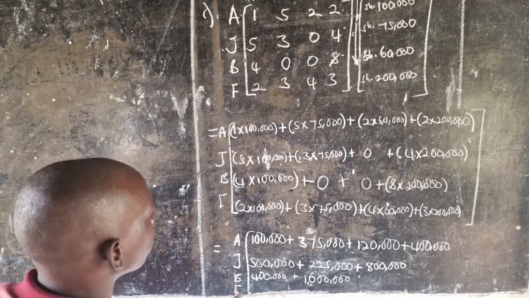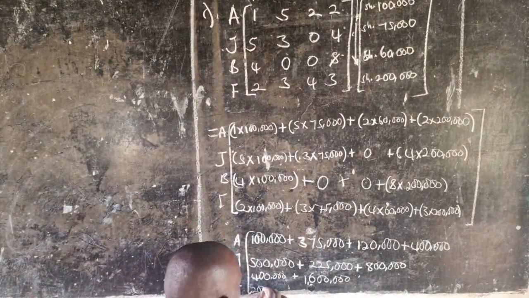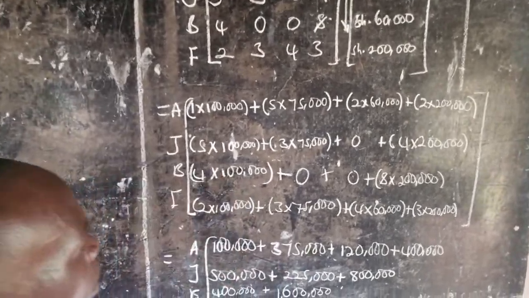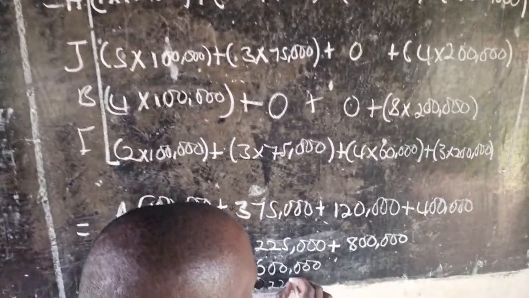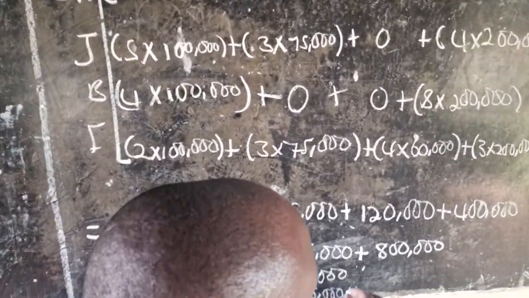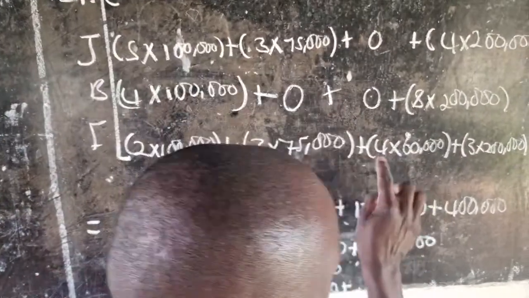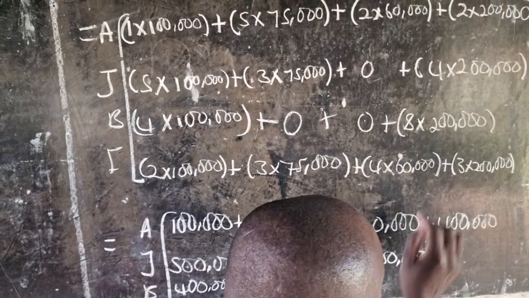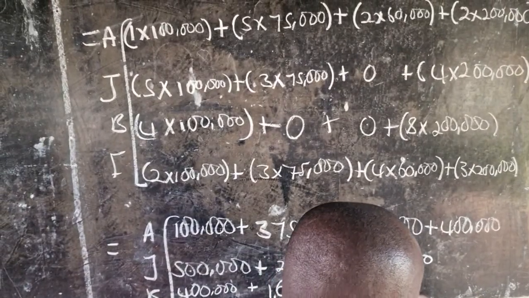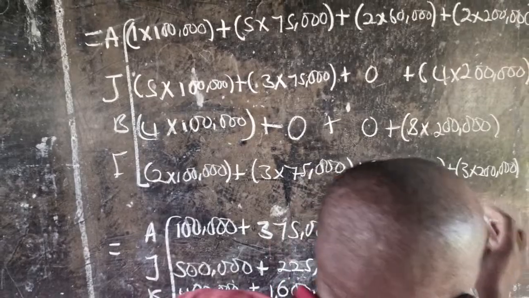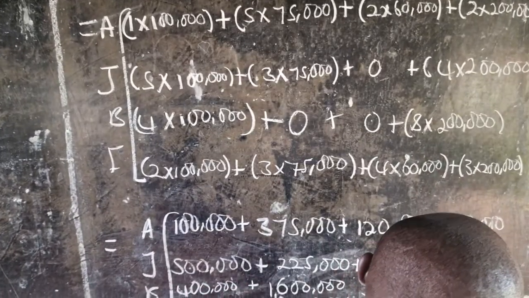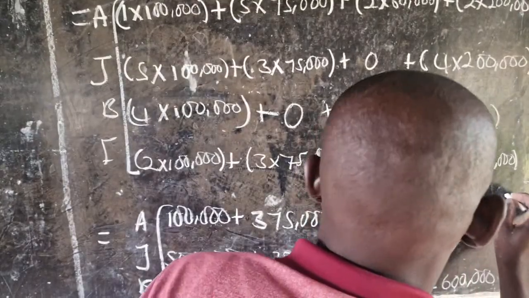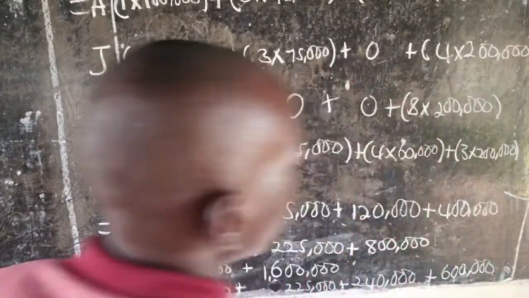Then finally we have Francis, which is now 200,000 plus 225,000, plus this and that, 6 and 4, that is 24, then the 4 zeros, then plus there is 600,000. Then you have to close like that.